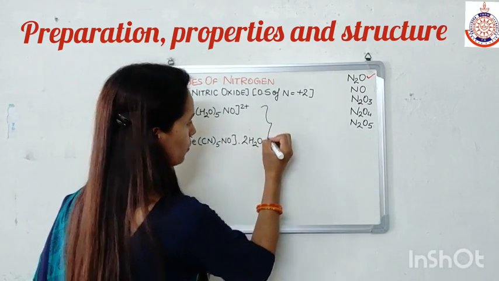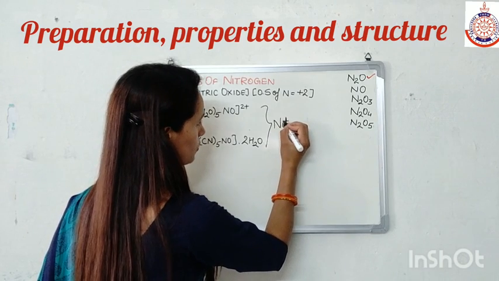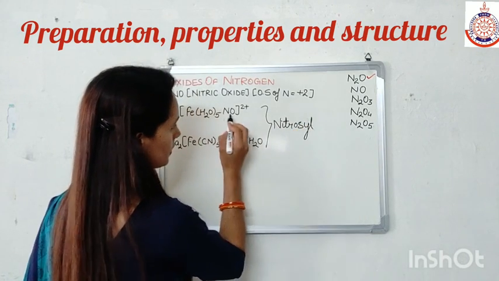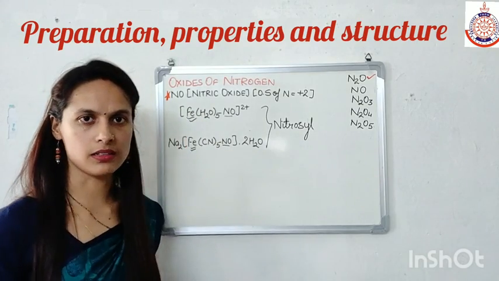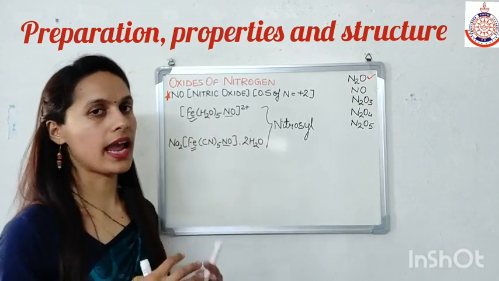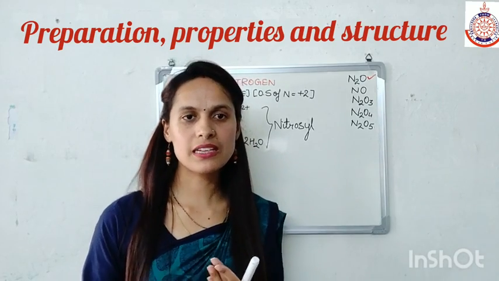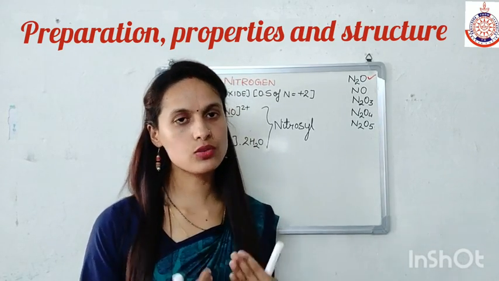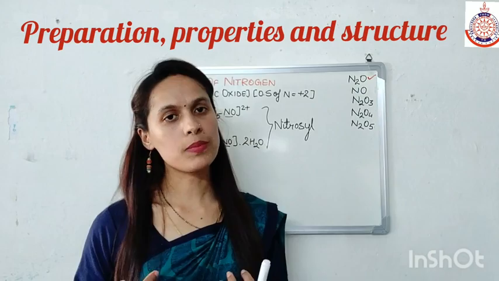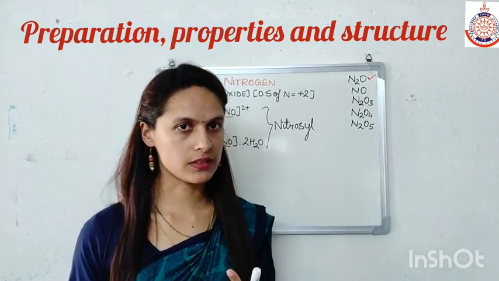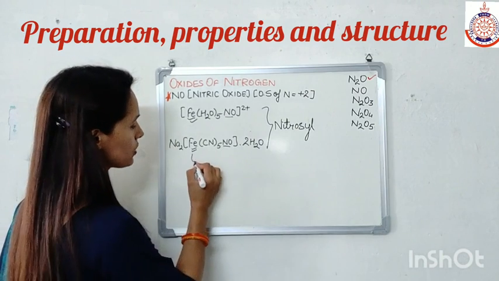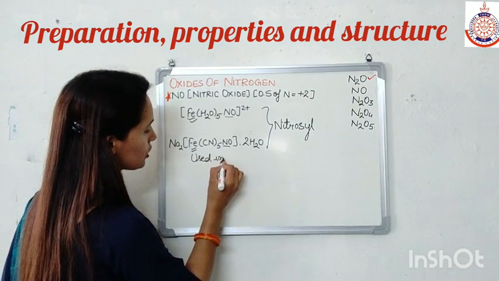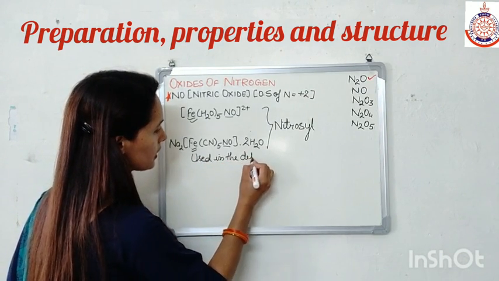These two compounds are known as nitrosyl compounds. In these, the NO is attached to transition metals. So nitric oxide easily combines with the transition metals to form complexes, and these complexes are very useful for us. Like this complex is used in the detection of sulfide ion.